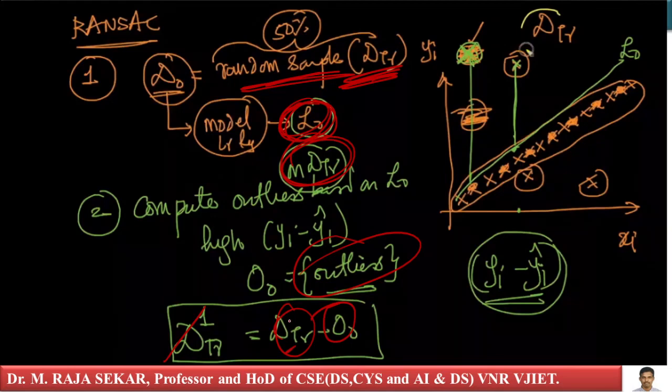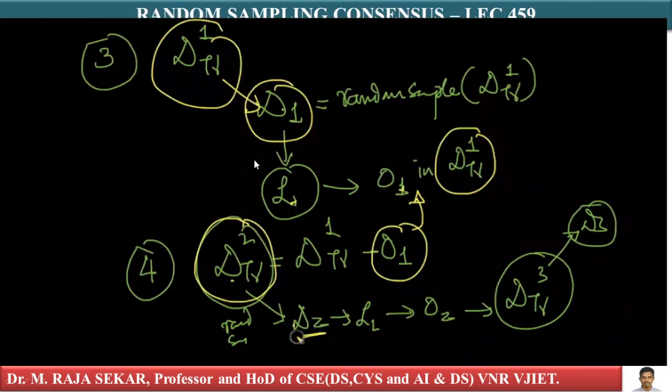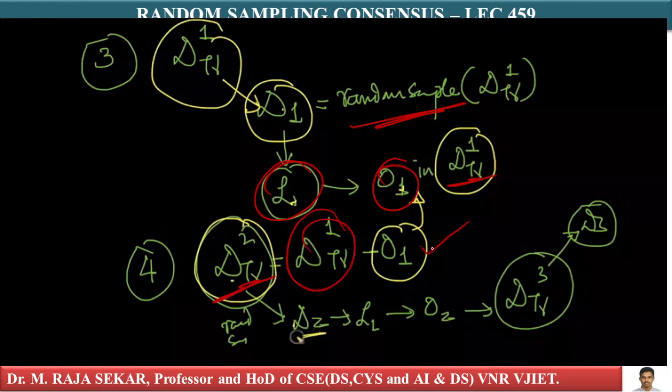Now again you perform sampling. Take a random sample, again build model L1 and find outliers in DTR1, and again construct DTR2. How can I construct it? DTR1 minus O1, removing all the outliers which we found in the previous iteration.